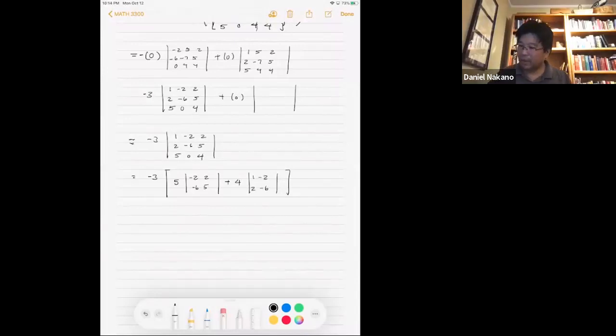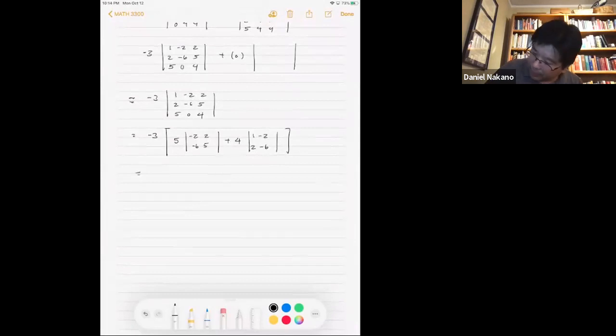Very good. And now we're in great shape because we have 5, and then I just have to take the determinant of 2 by 2 matrices, which we know how to do. So the 2 by 2 matrix is minus 10, minus 12. So it's minus 10 plus 12, which is 2, plus 4.